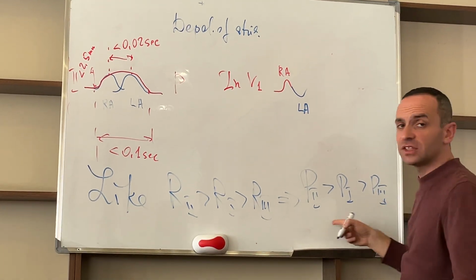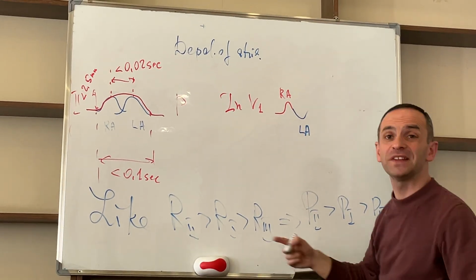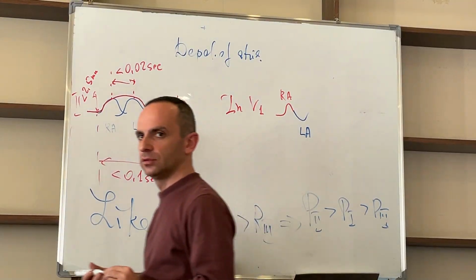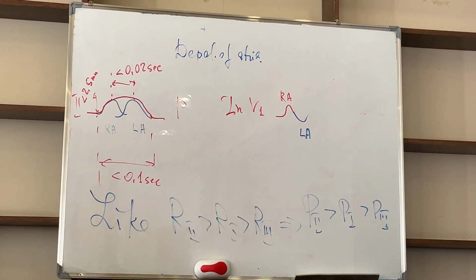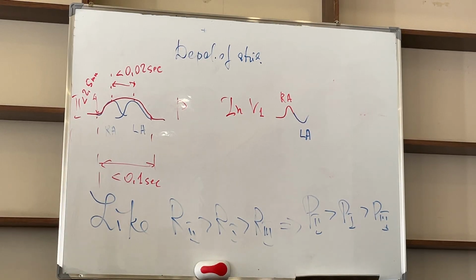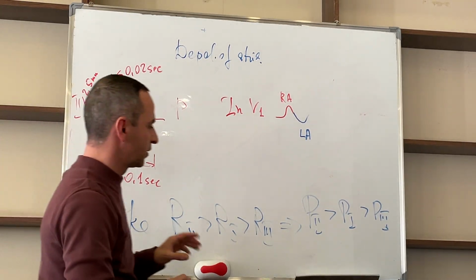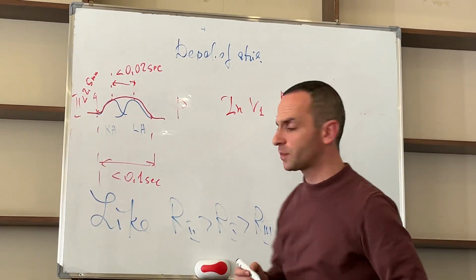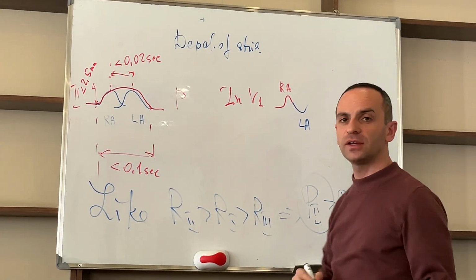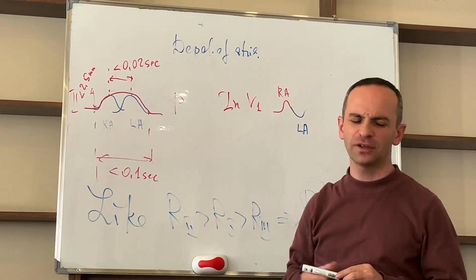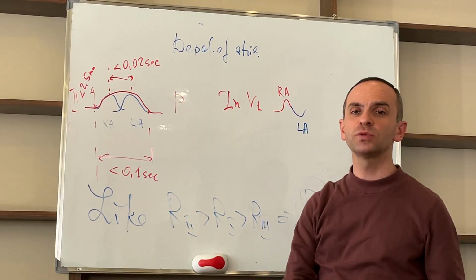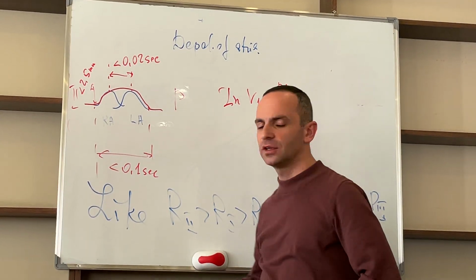This is the electrical axis of the atrium. This was for the ventricles, last week I told you. That's why we expect the largest P in the second lead. That's why in determination of heart rate, pacemaker, and so on, we always look first of all at the second lead.